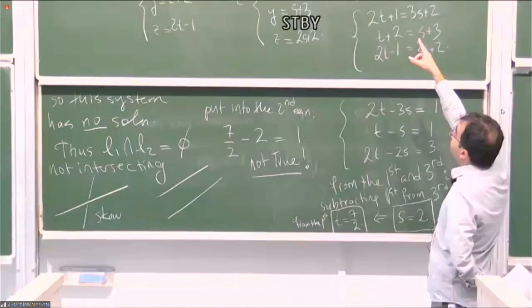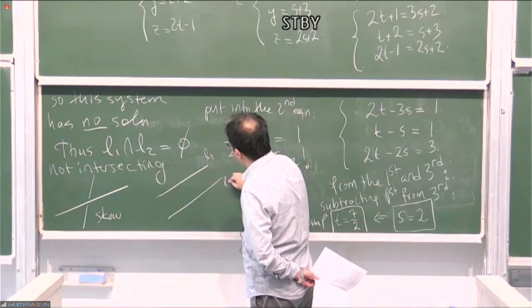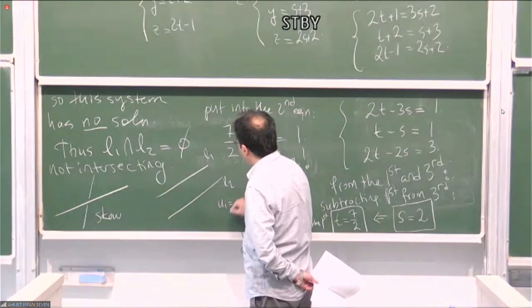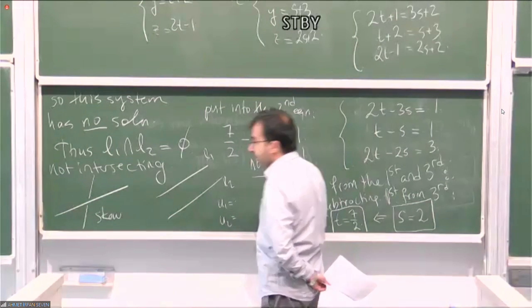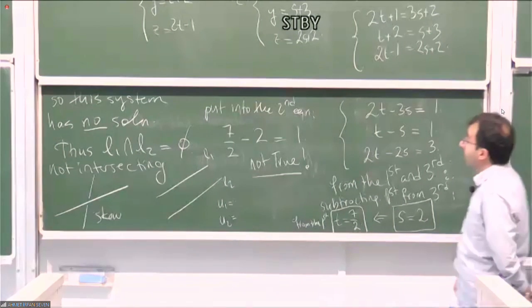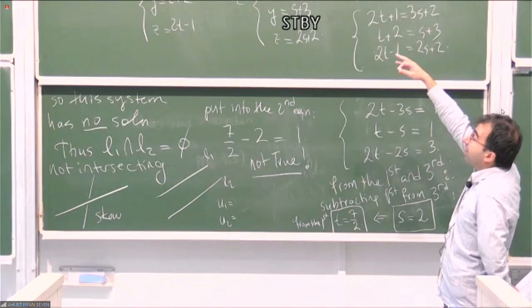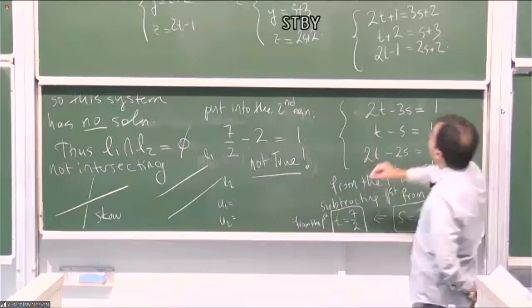So how do we check if two lines are parallel? Remember, we look at their direction vectors. Two lines are parallel if and only if their direction vectors are parallel. What is a direction vector for L1?